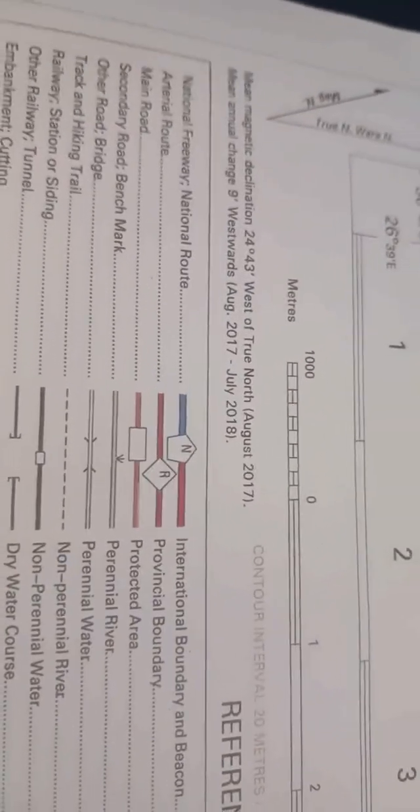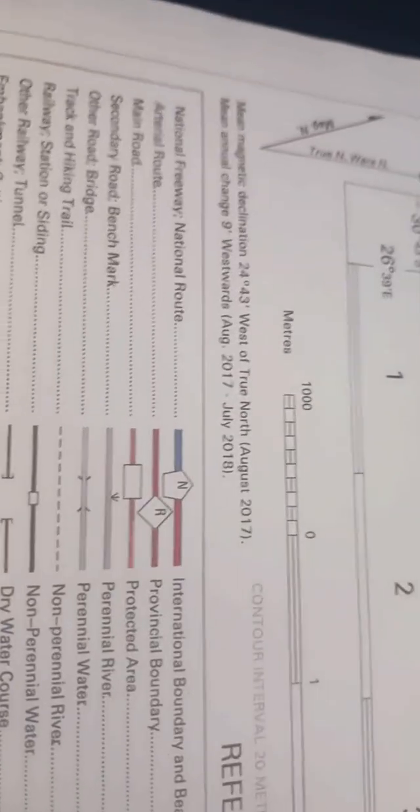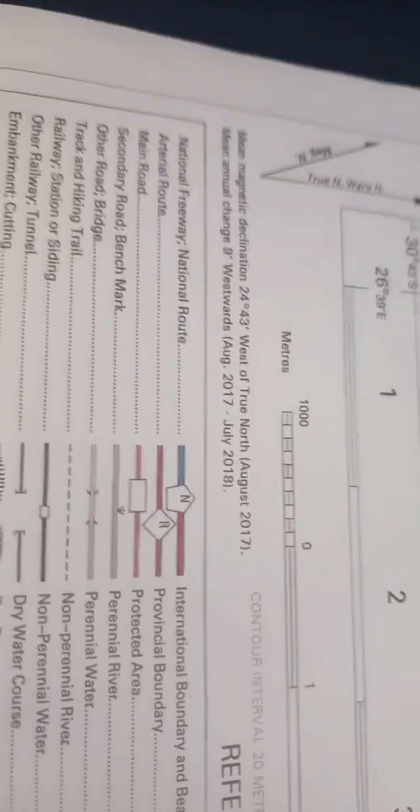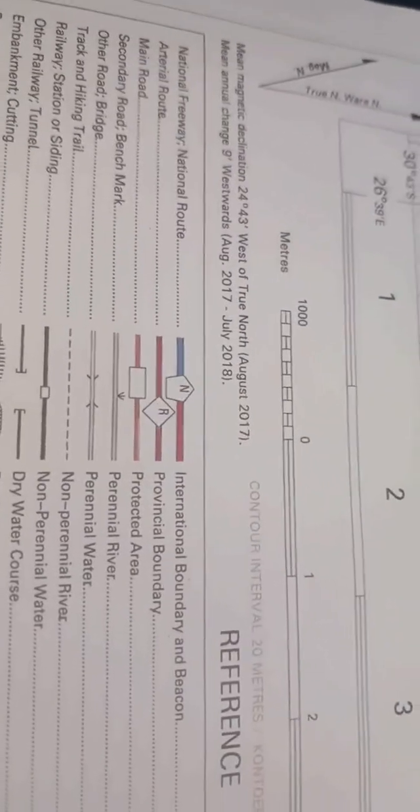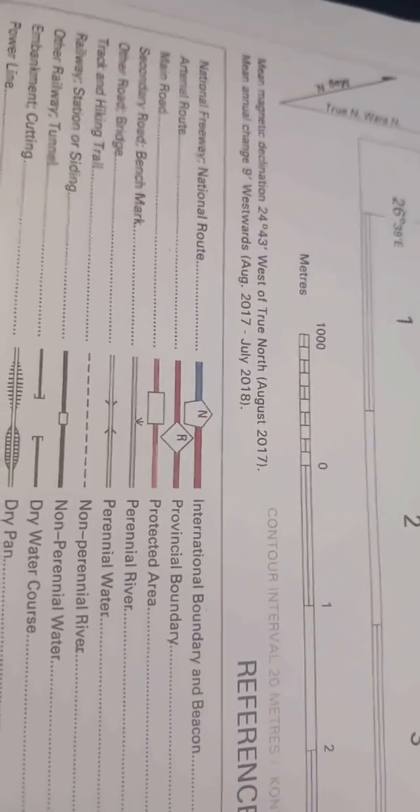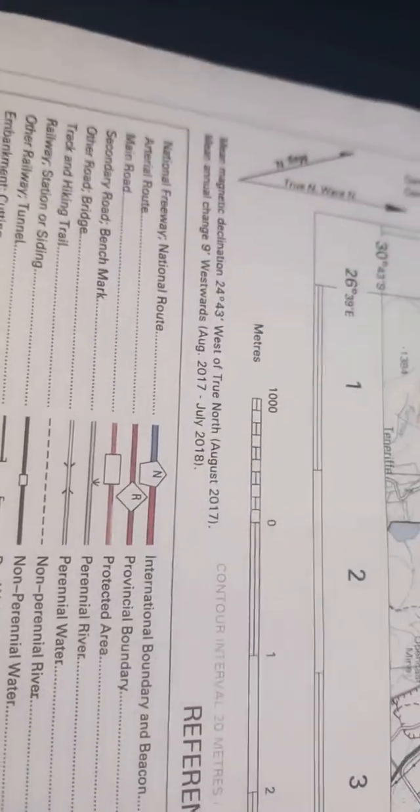Then we add the total annual change. That's how we will get the current magnetic declination. The magnetic declination for the year that is shown on our map, that is for 2017, is 24 degrees, 43 minutes west of true north. Then we add the total change. It will give us the current magnetic declination.